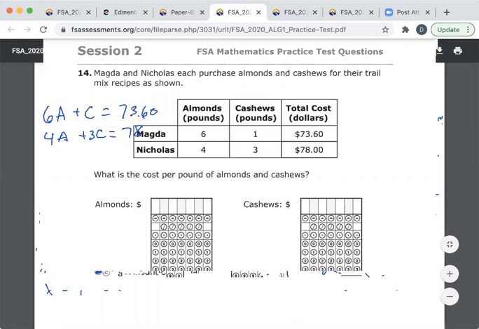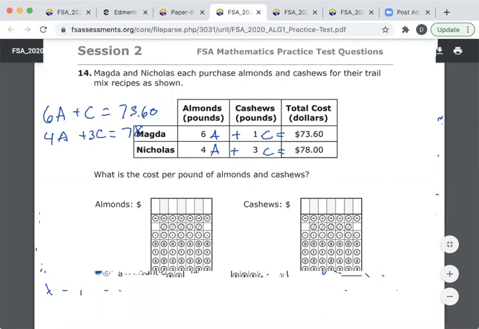So all I've done is basically made this into an equation, or systems of equations. Now we need to either substitute or eliminate something, and I'm going to choose elimination because I think that would be easier. It looks like it would be easier to get rid of the C because one is 1C and one is 3C.